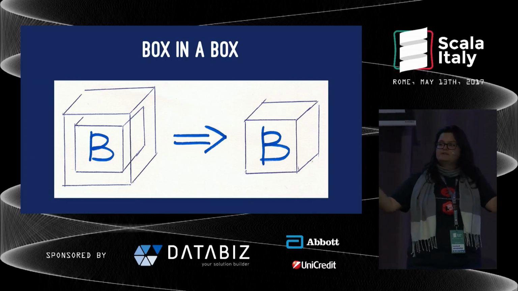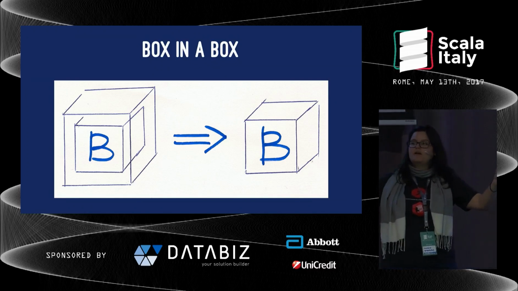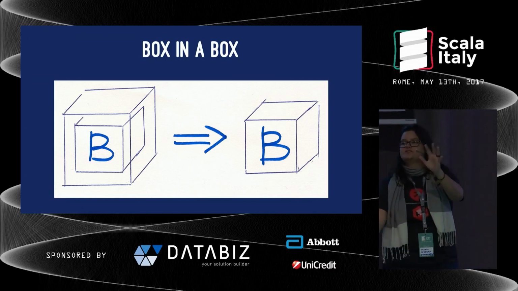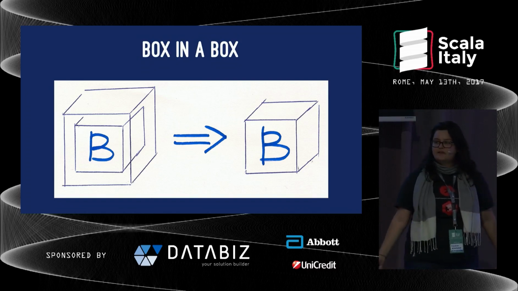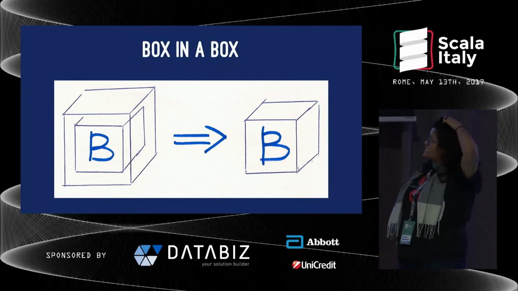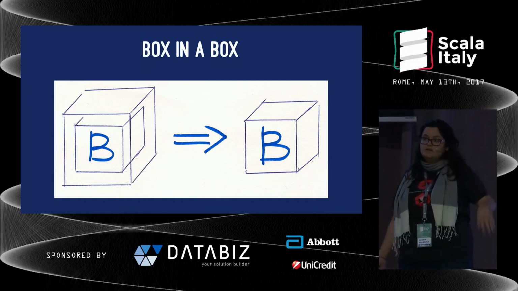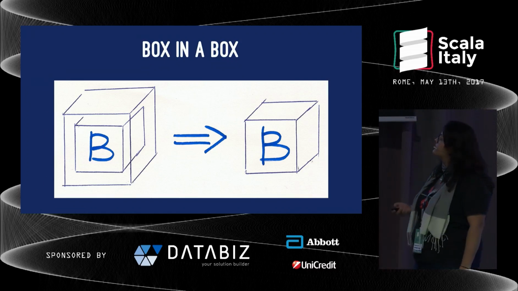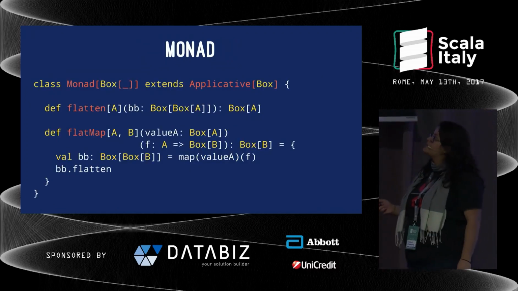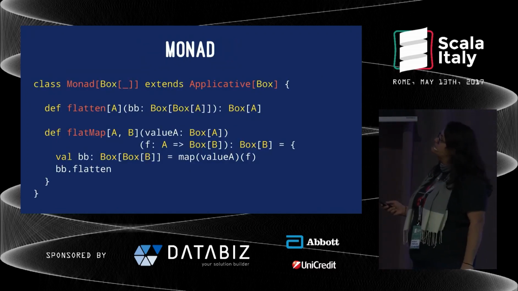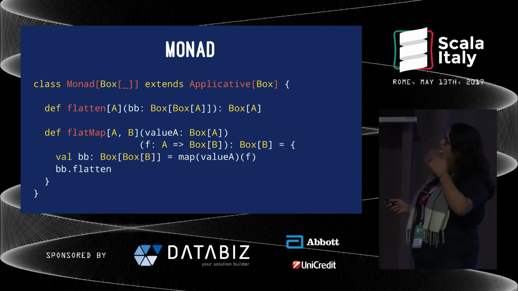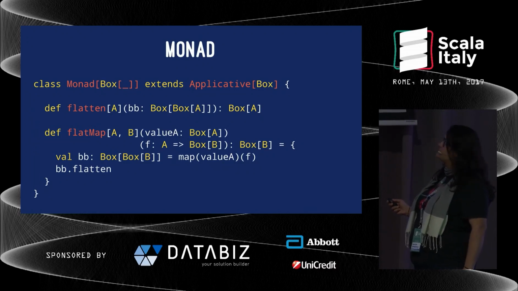We have 2 instances of something, and we want to smash them together and just get 1 out of it. So yeah, it turns out that you just need to define a function that does that. And that function is called flatten. All flatten does is, given a box inside a box, it returns a box.